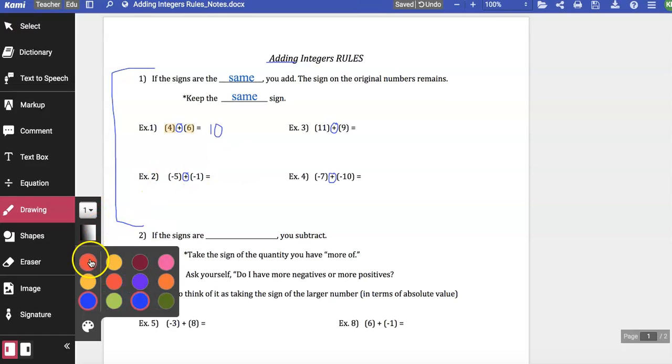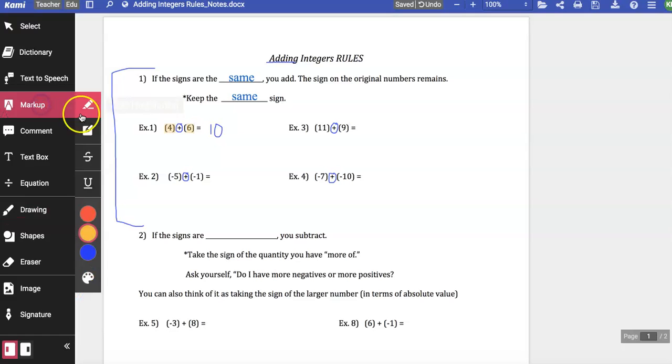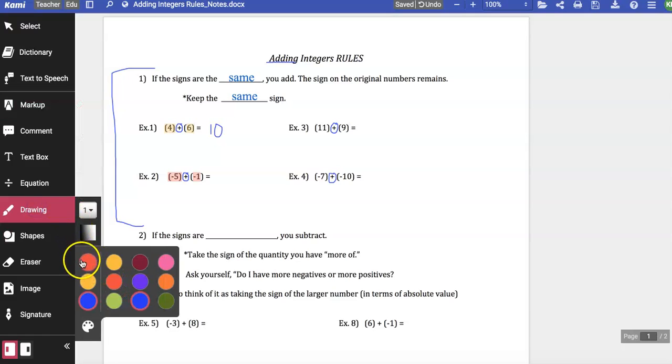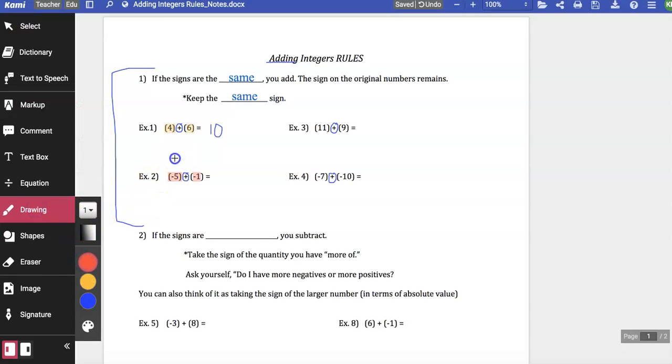Now let's go on to the next example. I'll go to my markup tool and I'm going to choose red this time because I'm noticing that I have a -5 and a -1. Go back to drawing. So the sign on this number is a negative, and the sign on this number is negative. So if the signs are the same, they're both negatives, then you add.